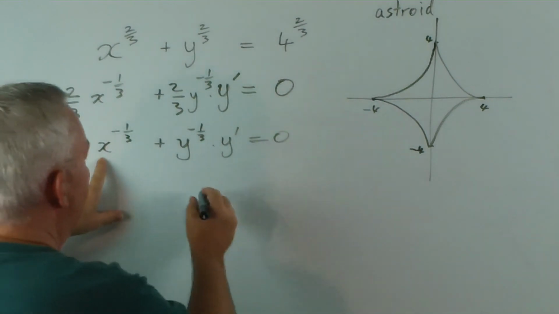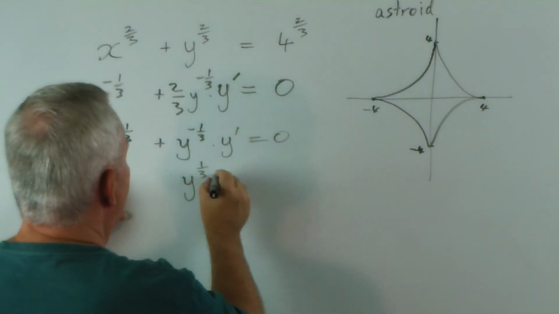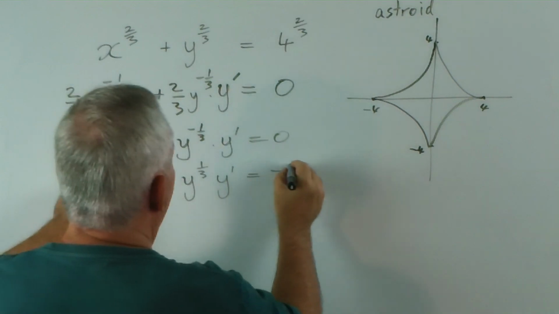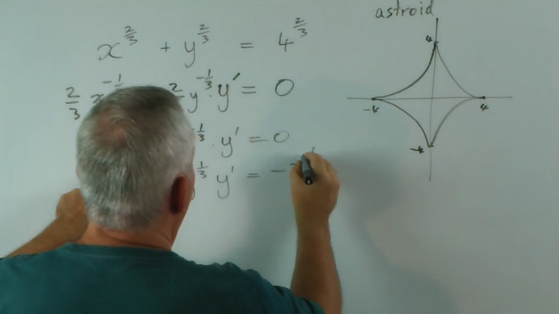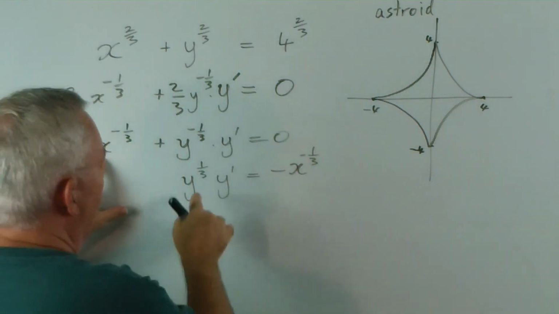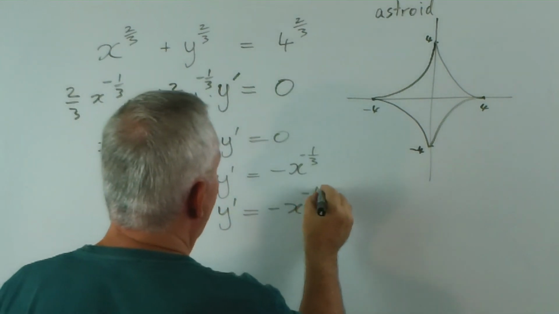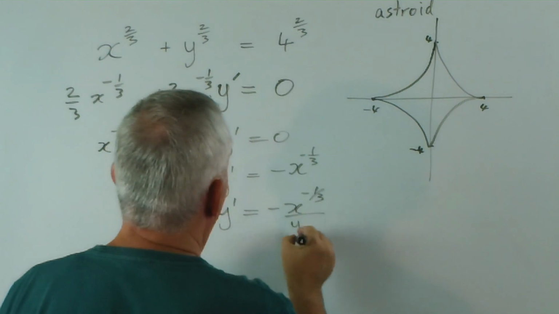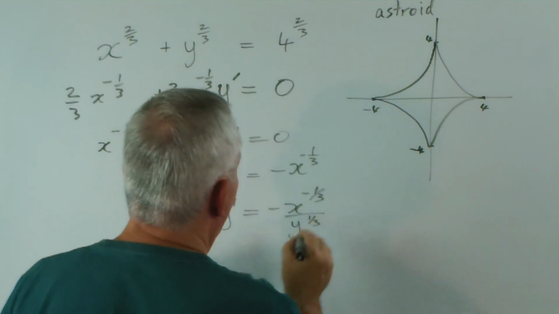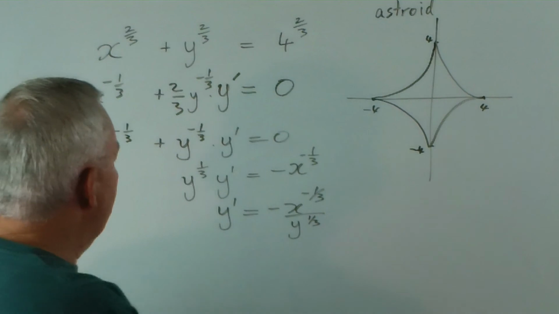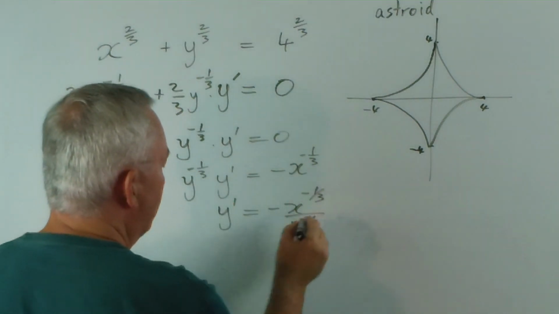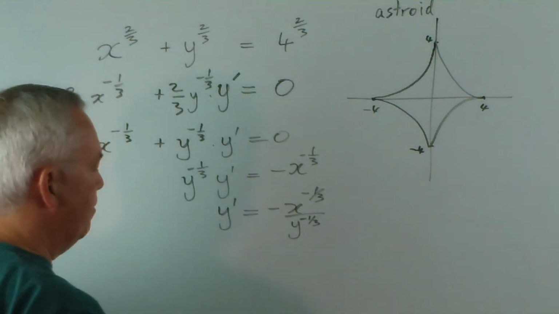Subtracting this from both sides would give us this. Dividing by this would give us this. Sorry, that's a negative third. I knew something was going wrong there.